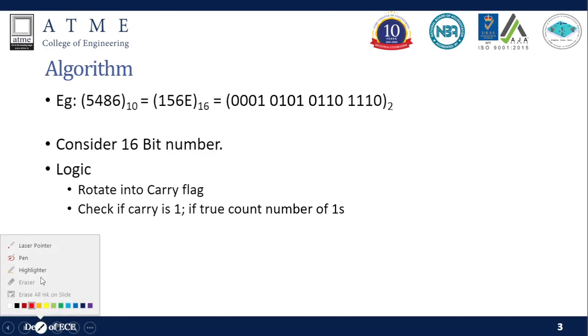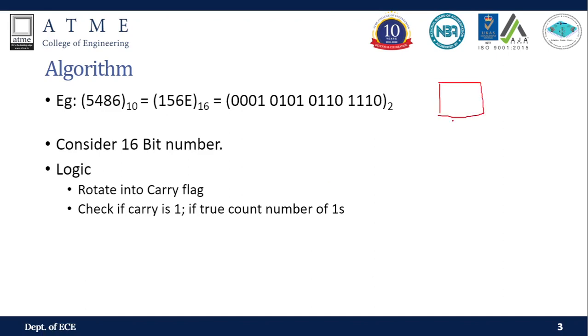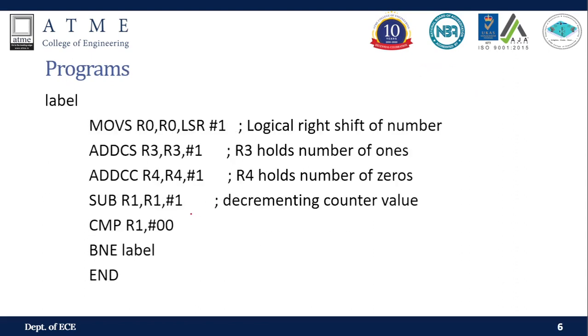So if you are looking at one flag here which is called your carry flag, then when we do a logical shift, this bit will go into the carry flag, and all of the others will be shifted by one bit and a 0 will be added into the MSB. So this is equivalent to what we call a logical shift right, LSR. That is what we are using here, LSR. So R0 is LSR'd one time and the result is again stored into R0. So in one cycle, one rotation happens.